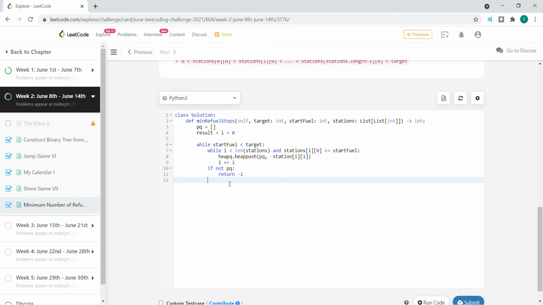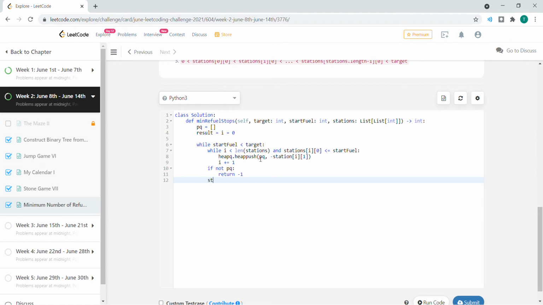And then the next thing you want to do is, if your start fuel is less than your target, that means you need to refuel. Then you're able to access the gas stations you have crossed before. So you want to access the station with the highest amount of gas in your queue.